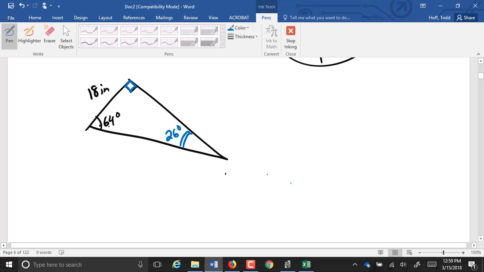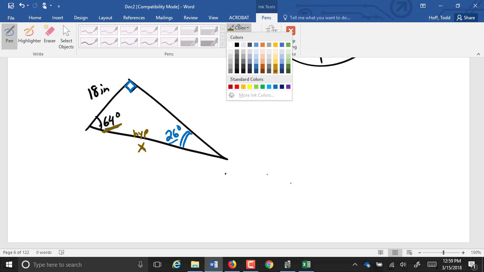Since we know that's 90, we know these two have to add up to 90, or have to be complements. Now from there, we can find any side I want to. I'm gonna find this side here first, the hypotenuse. I'm gonna use the angle we were given just in case we did something silly and messed up the 26 degrees. So we're gonna use the 64 degrees.